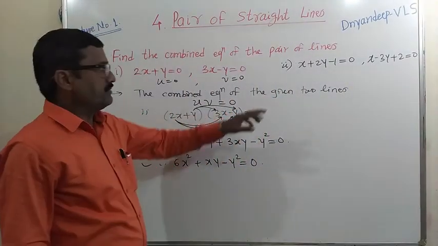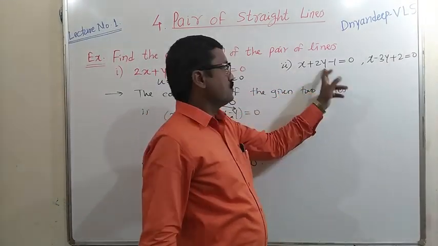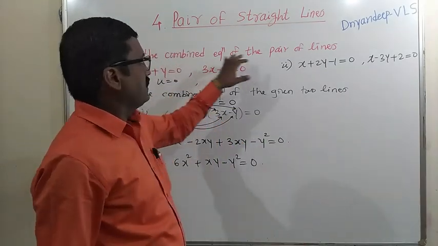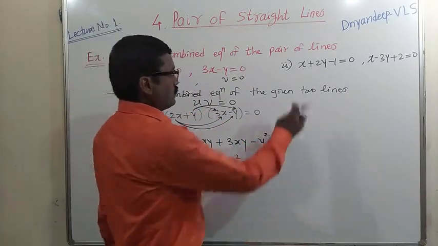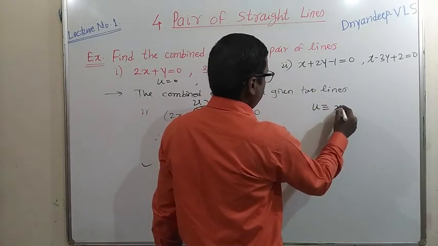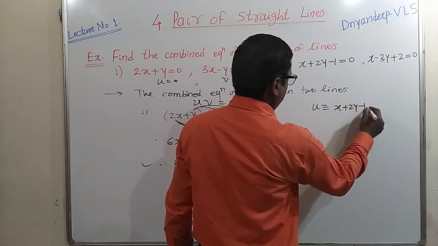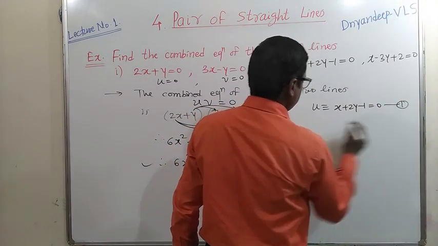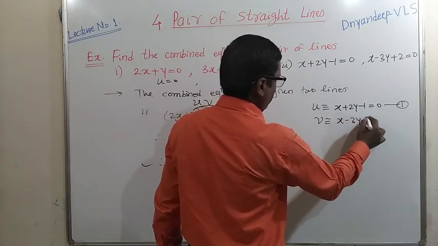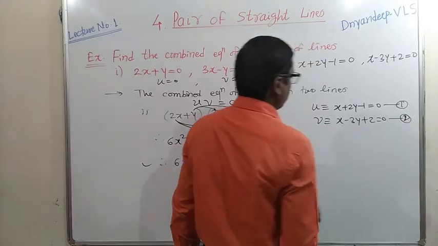Now in the second example, x plus 2y minus 1 equal to 0 and x minus 3y plus 2 equal to 0, these two separate lines are given, and we have to once again find the combined equation of these two lines. So considering this line as u, u is x plus 2y minus 1 equal to 0, this is the first equation, and v is x minus 3y plus 2 equal to 0, this is the second equation.